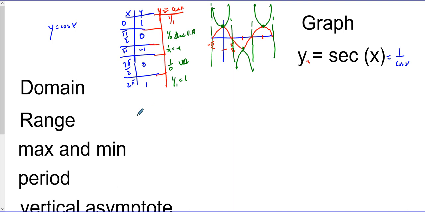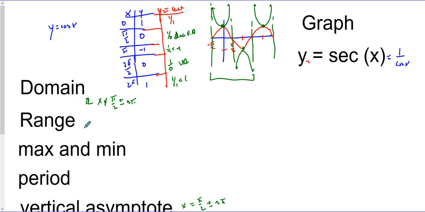But you realize that once again, we have the domain, or vertical asymptotes. It appears that at every pi over 2 plus a multiple of pi, plus or minus, we have a vertical asymptote. So our domain is, once again, all reals, x cannot equal the vertical asymptotes.